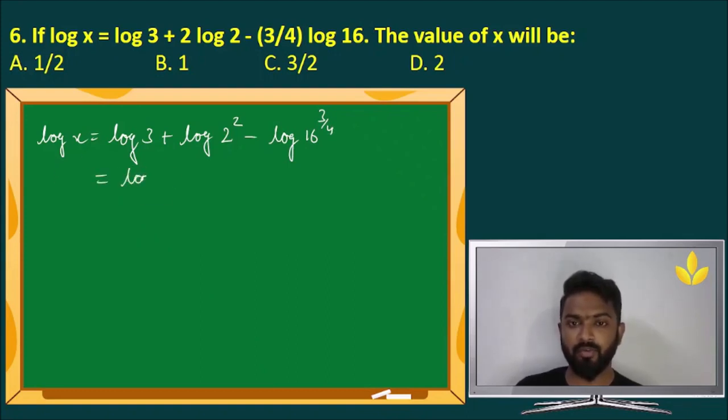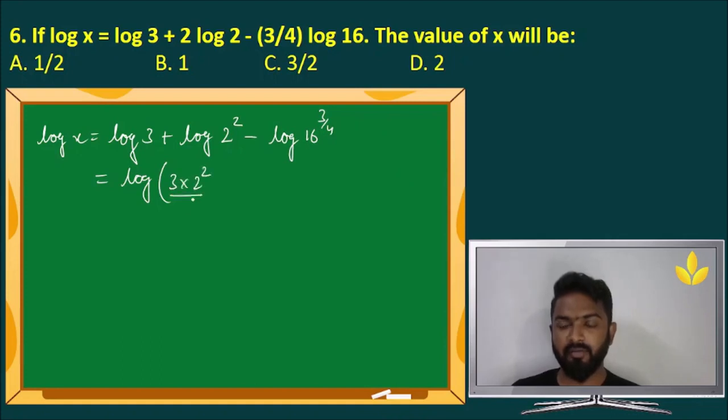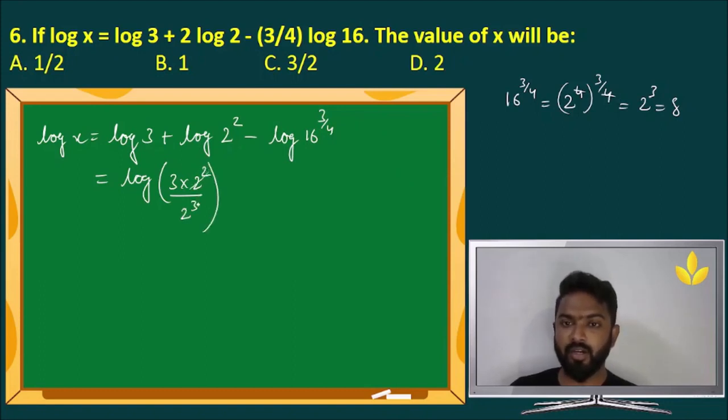You get log of 3 into 2 power 2 divided by 16 power 3 by 4. Let's do that. 16 power 3 by 4. 16 is nothing but 2 power 4, to the power 3 by 4. So 4 and 4 get cancelled. This is equal to 2 cube, that is equal to 8. So keeping it as 2 cube would be much better than keeping it as 8. So 2 square and 2 cube gone. This is nothing but log of 3 by 2. So log of x is log of 3 by 2. That obviously means that x equals 3 by 2. Answer is C.